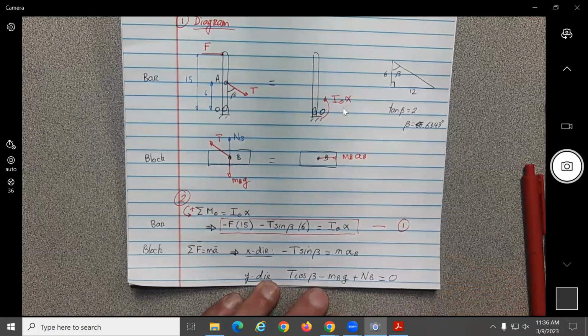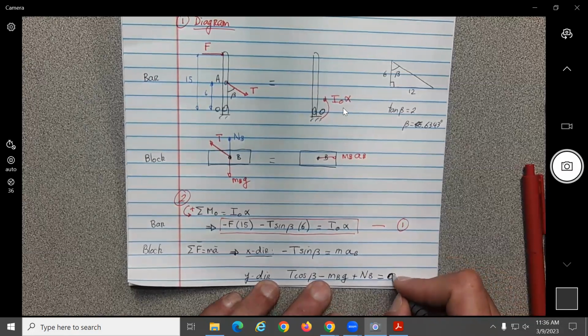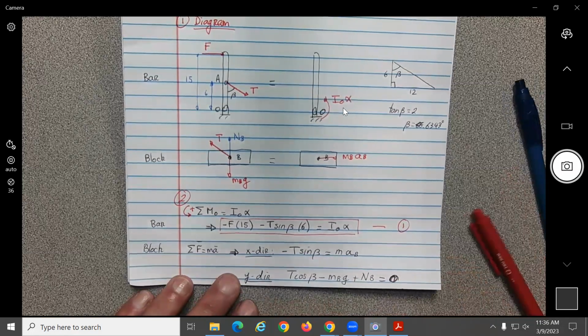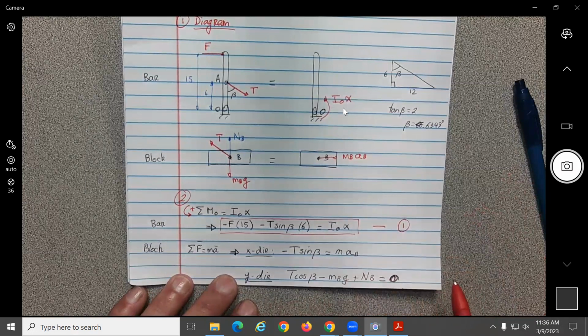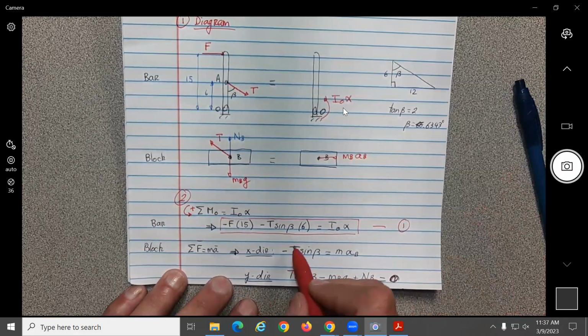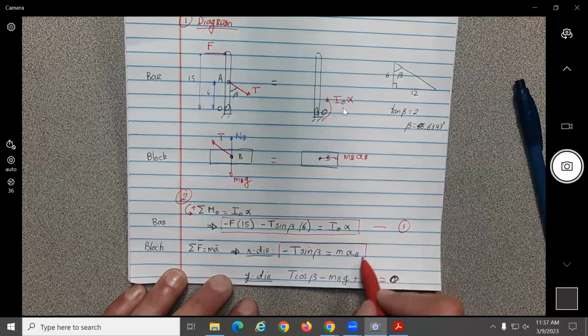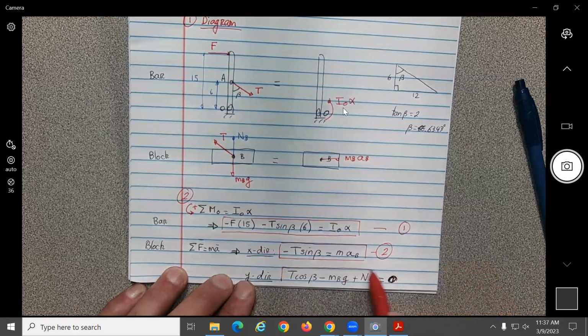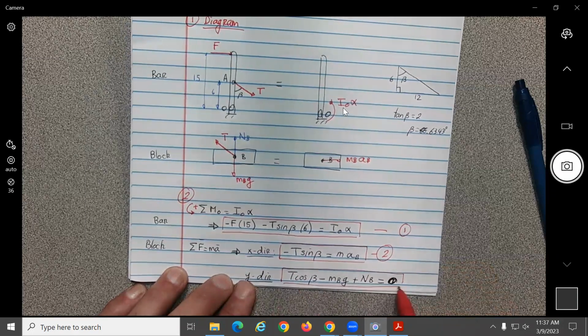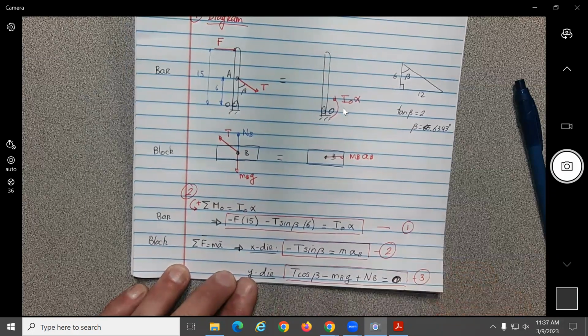Well, let's put m_B a_y, okay? Let's see what will happen. I mean, it's 0, but let's put what? What is the acceleration on the y? You want to put m a_y, otherwise we need to differentiate a_Bx and a_By, that's the only reason why I decided not to. So let's say it would be our equation 2. Let's say this would be our equation 3.